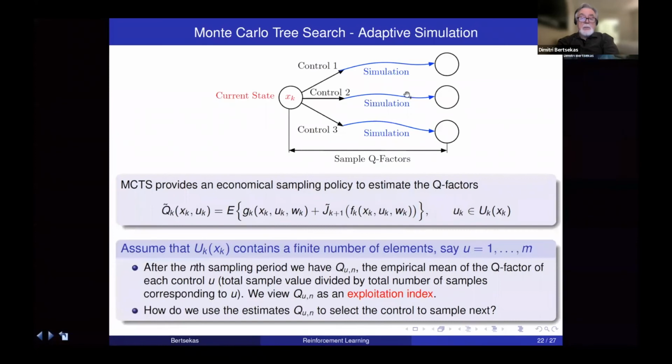So we do the simulation and we get exploitation indexes for these controls. Some of them are going to be high, some of them are going to be low. How do we use these exploitation indexes, the running indices, to select the control that we're going to sample next? That's one of the things that Monte Carlo Tree Search does. It decides which particular control to explore with simulation.